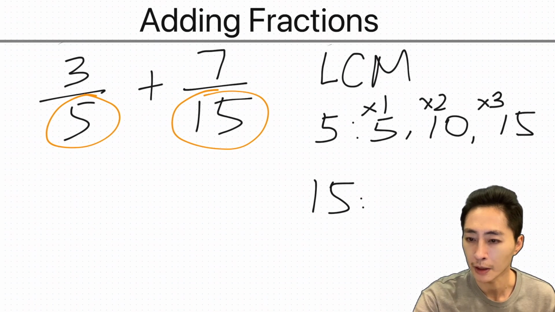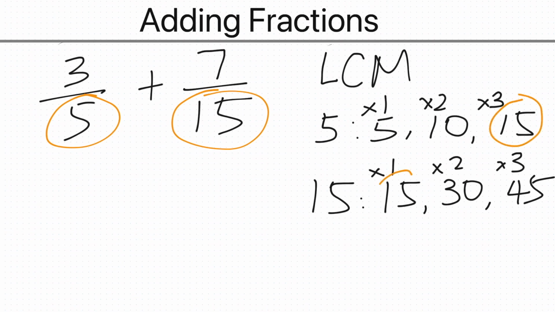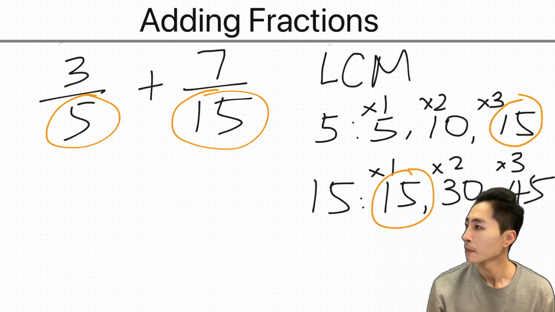Now for 15, 15 times 1 is 15. 15 times 2 is 30. 15 times 3 is 45. Now the least common multiple that both of these numbers have is 15.